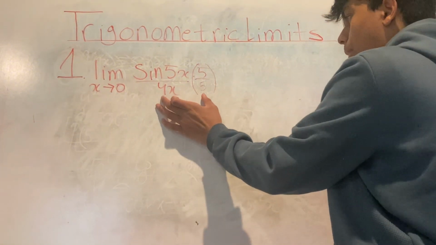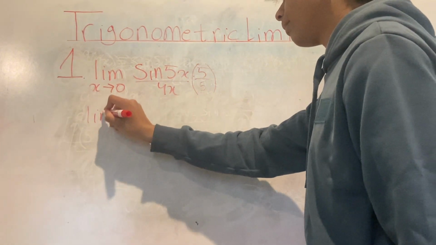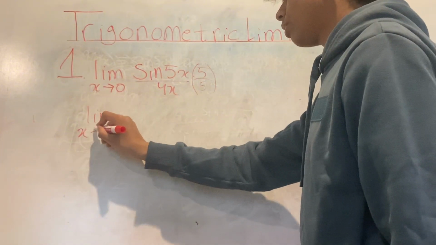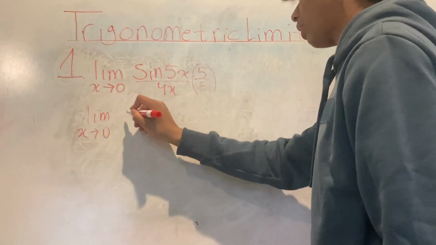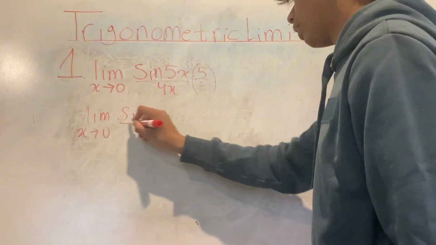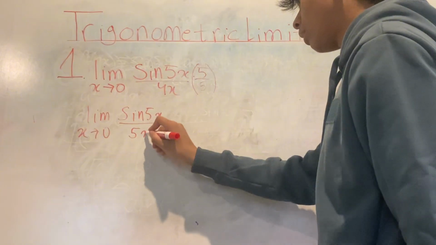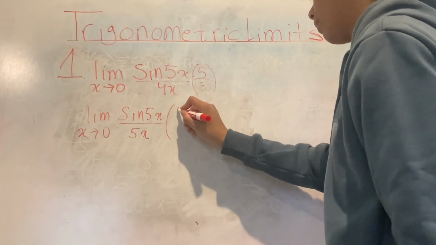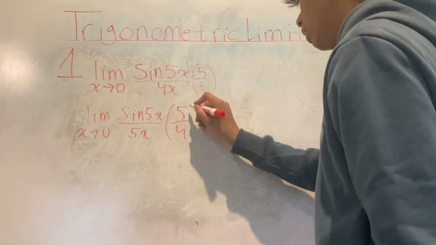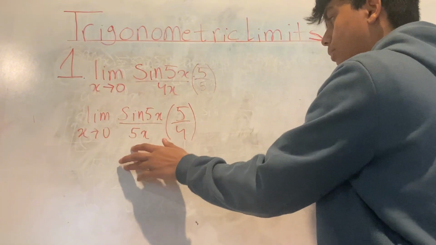So we can just swap the 4 and 5 here. So we can just say this is the limit as x approaches 0 of the function sine 5x over 5x, and then now we have 5 over 4. So this looks similar to what we had before, sine x over x, but this time there's a 5.